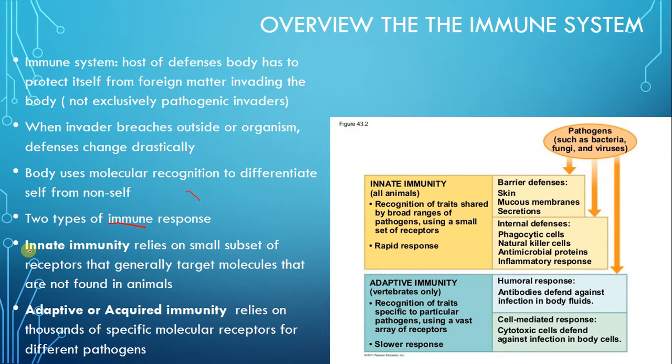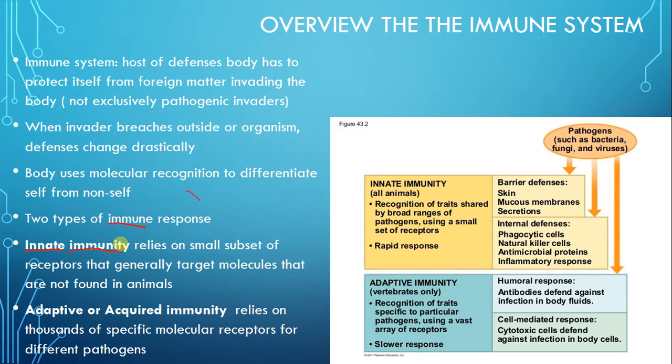First, we're going to talk about the innate immunity, or the innate immune system. This innate immunity relies on a small number of receptors that generally target molecules that are not found in animals. So not very specific. It's basically saying this is us, this is self, versus this is not self.